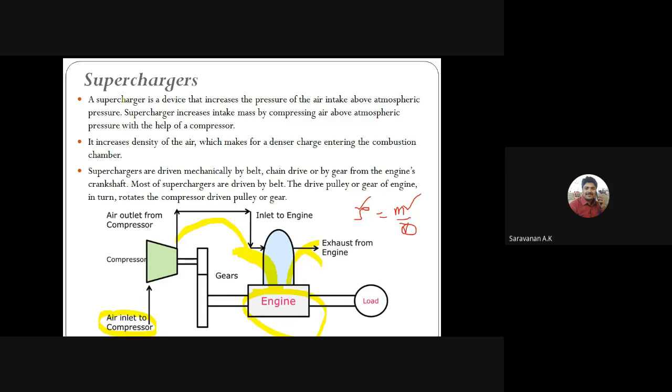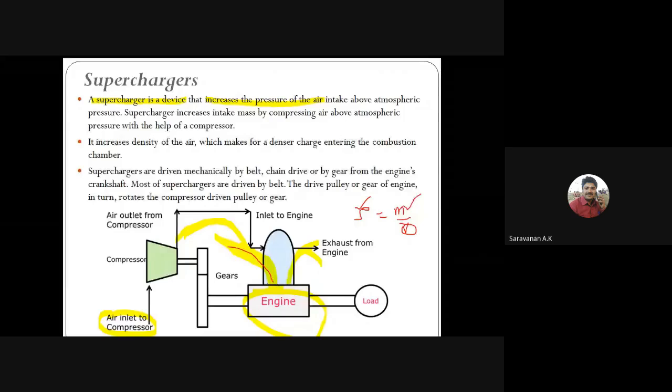So you can see here, the combustion chamber is a device. Why do we have to use this device? We have to supply more air, at more pressure, so that it increases the pressure of the air in the intake manifold, which is above atmospheric pressure, right?